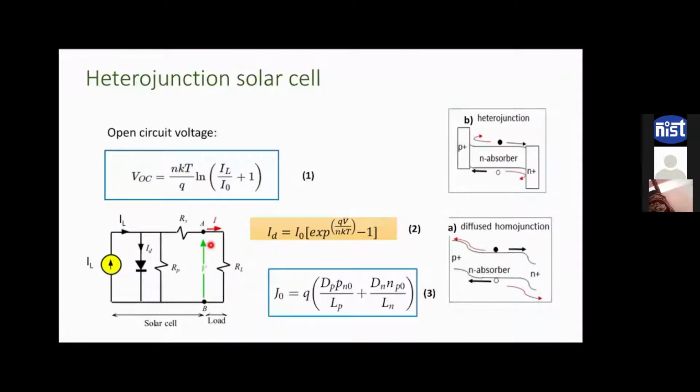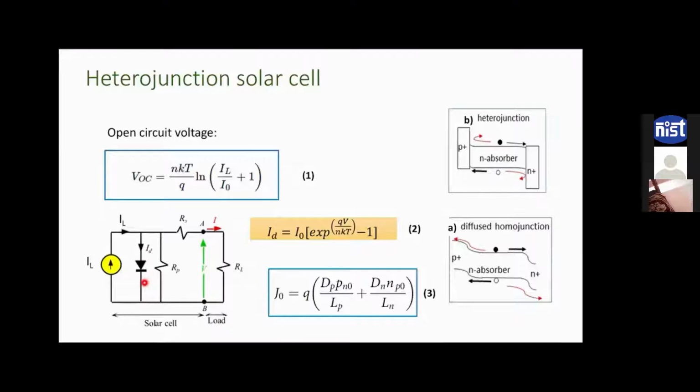This is the positive terminal, this is the negative terminal, and the current flows in the outside load from the positive to the negative terminal, just like a battery. Once this voltage is developed inside your solar cell, it makes that internal diode forward bias.